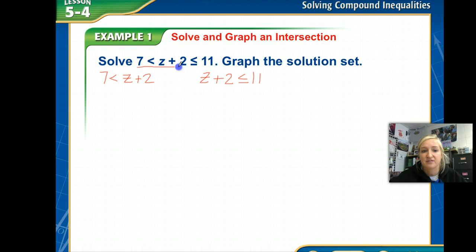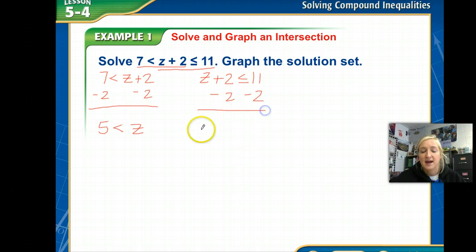What I did is I took the first part of it and solved it there, and then took the middle and the last part, and we're going to solve it there. So I'm going to subtract 2 from both sides, and I get 5 is less than z. I'm going to subtract 2 from this side, and I get z is less than or equal to 9.